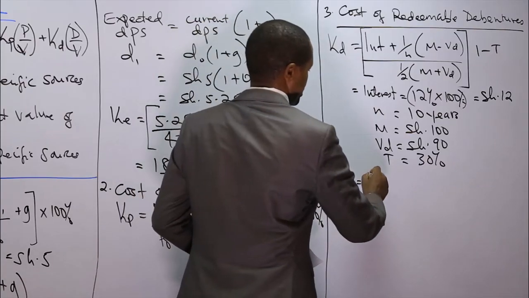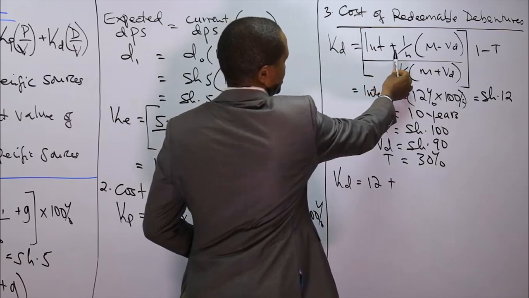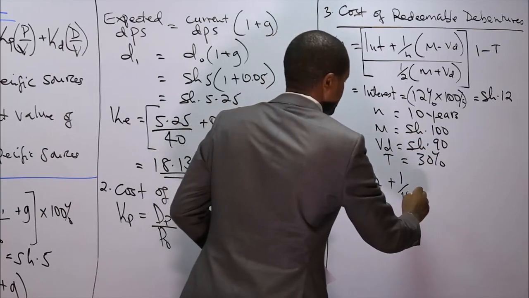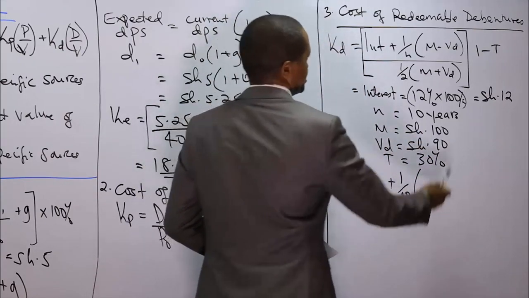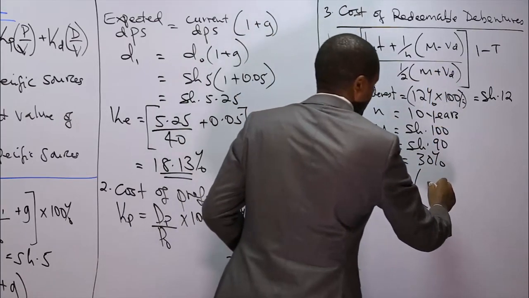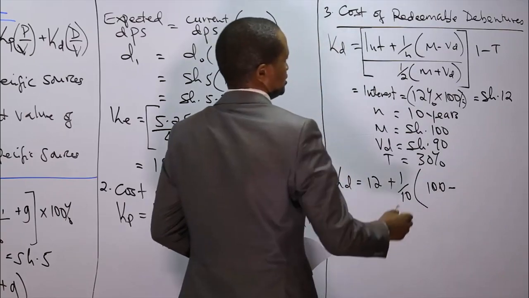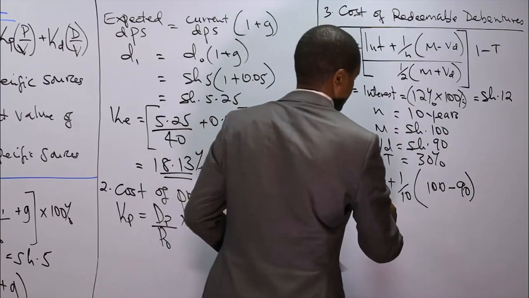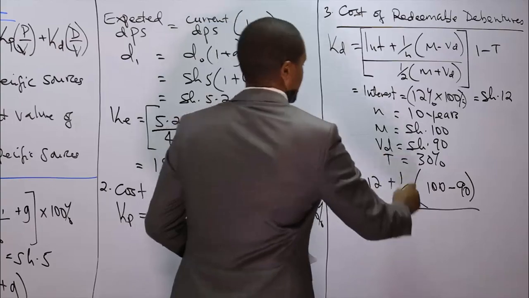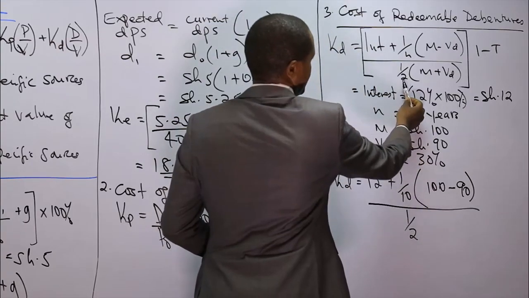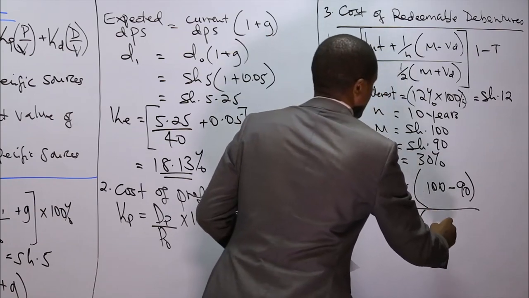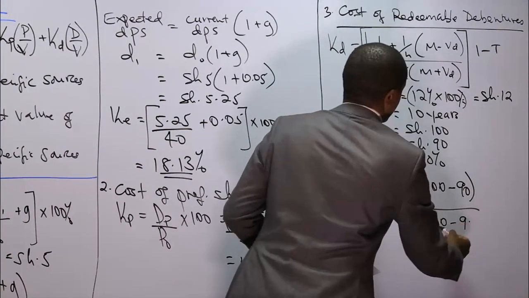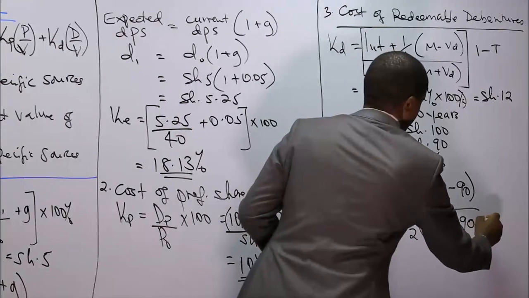So we have it at 12 plus 1 over n. Our n is the number of years, which is 10 years, into M, the par value 100 shillings, minus the market value 90 shillings, close the bracket, divide that by a half into M 100 minus 90.